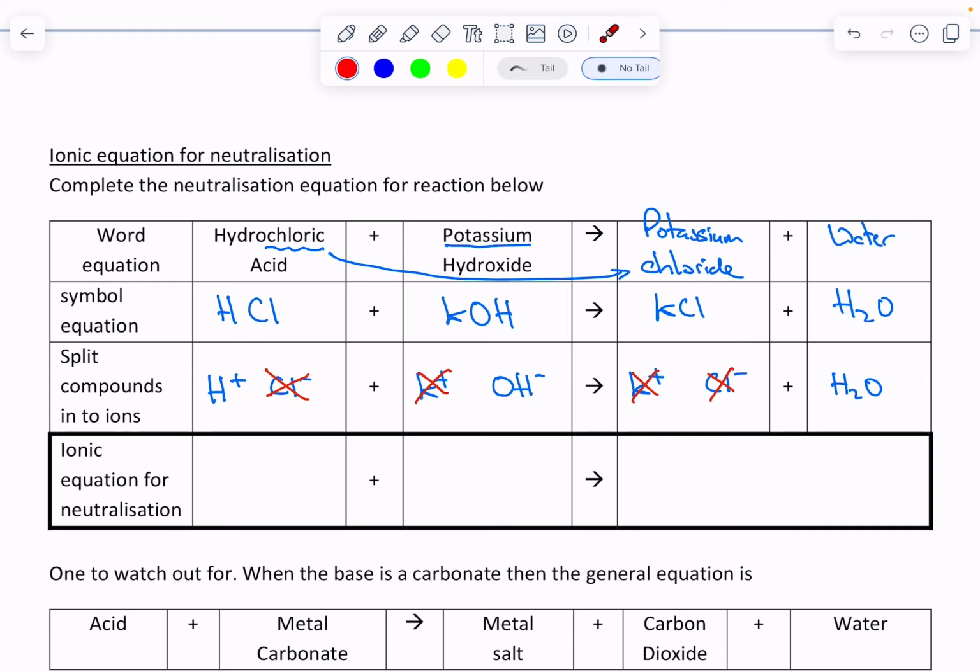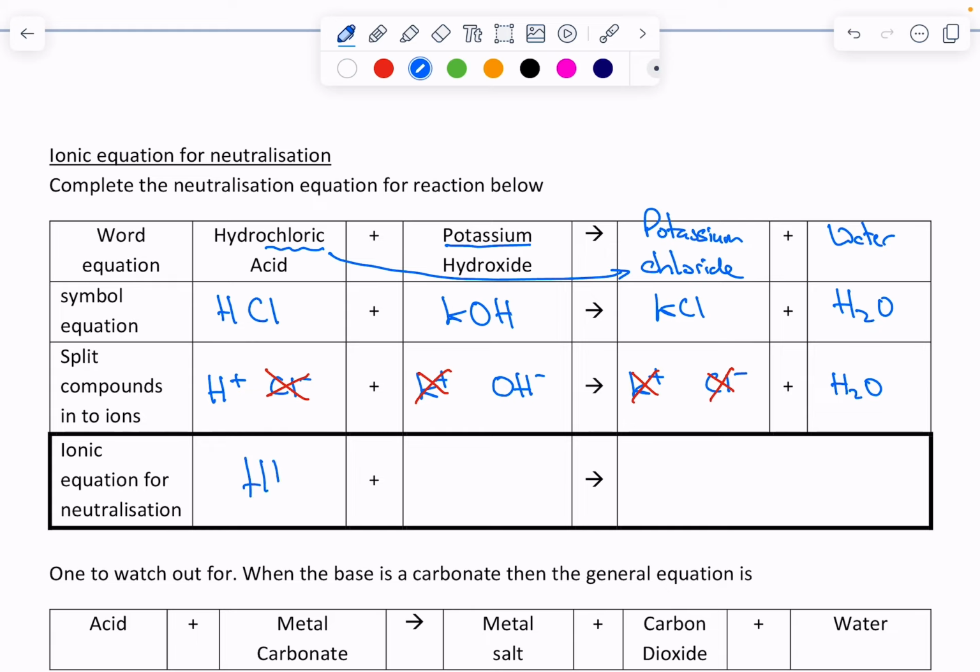My OH-, my hydroxide ion, is here, and there isn't a hydroxide ion here. This has actually been used to form water, so that's changed. So again, I'm going to keep that in. Water doesn't appear here, so that's changed. We'll keep that in.